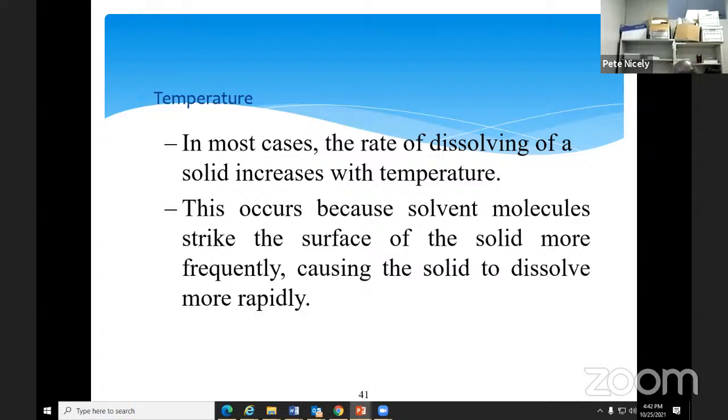The solvent molecules will have more energy at higher temperature, and therefore they will hit the solid surface more frequently, and therefore there will be transfer of energy, which causes solid particles to break away from the rest of the solid, and therefore cause the solid to dissolve more rapidly in the solvent. All right, so that's the explanation as to why the rate of dissolving of a solid or solute increases with temperature.